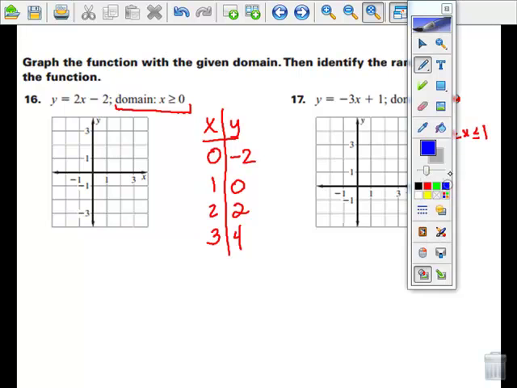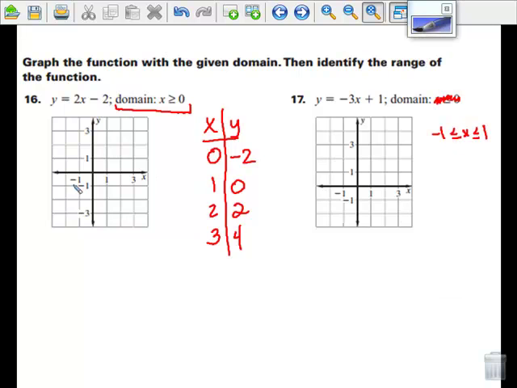So when I plot the points, I have to decide, after I'm finished plotting them, how do I connect them? And in this particular case, it looks like as x is going up, the y value is also going up.